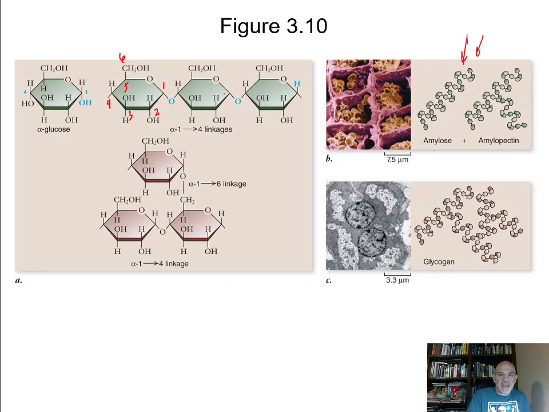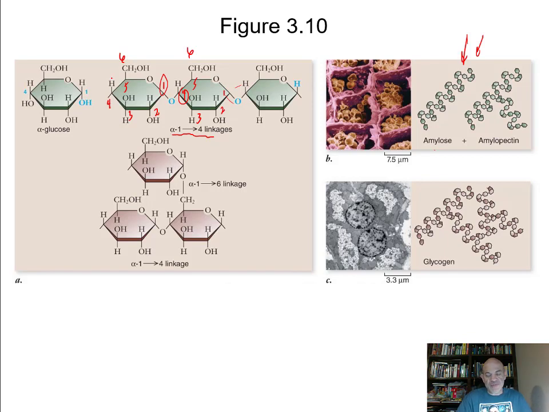Okay, and again, 1, 2, 3, 4, 5, and number 6 carbon. So which 2 carbons are bonded together? This is 1 and this is 4. So it's an alpha 1,4 linkage. So that's what that means there. So these are alpha 1,4 linkages. When you have a 1,4 linkage and that's all you have, then you get just a long chain. And so that's basically the starch.